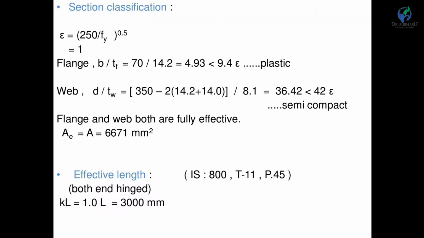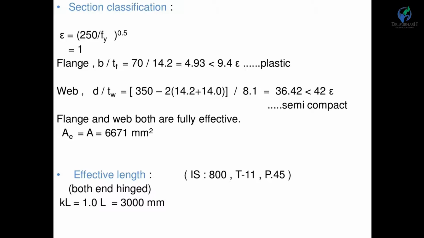Next, the first step is section classification. For an I section, we find two ratios: for the flange B by TF, and for the web D by TW. The flange width we find from the steel table, so we calculate the ratio B by TF, and it should be less than 9.4 epsilon, so the flange will be plastic.